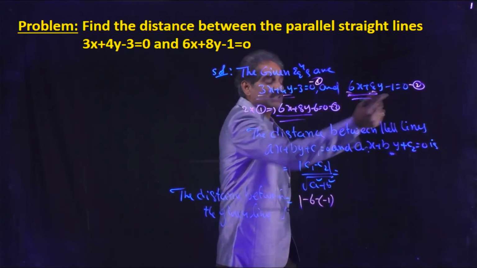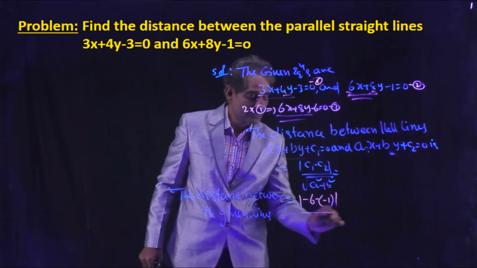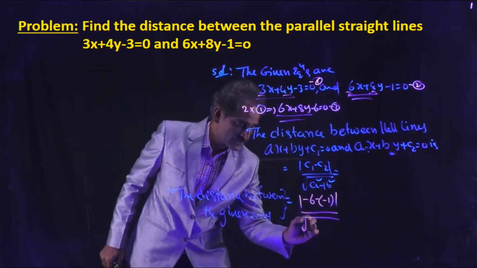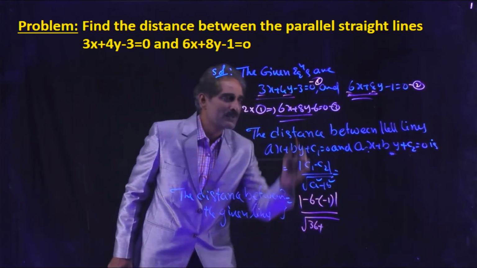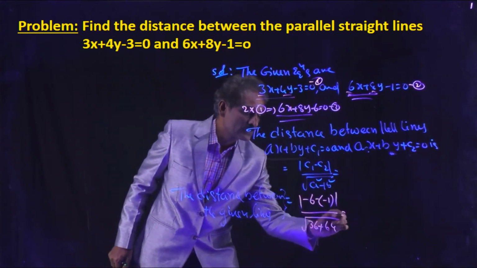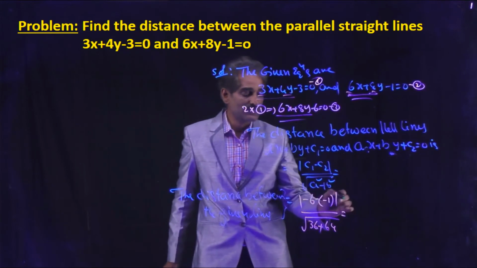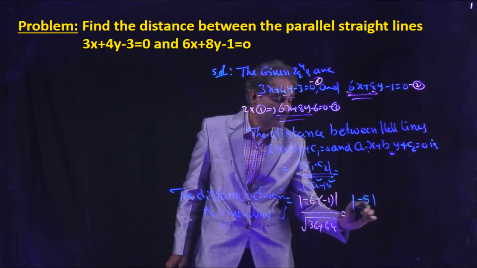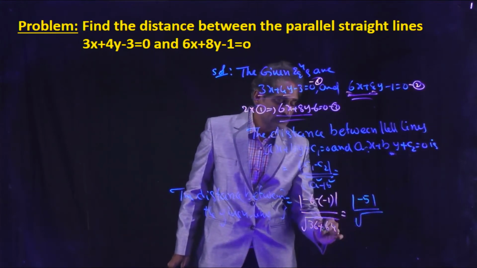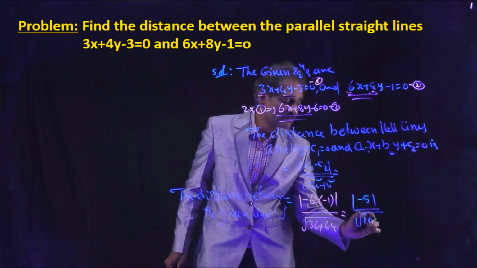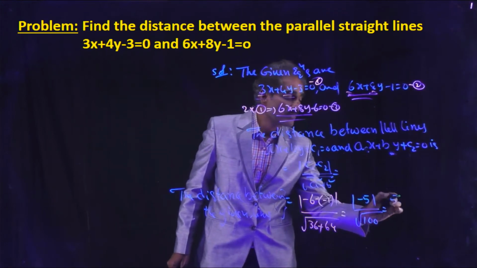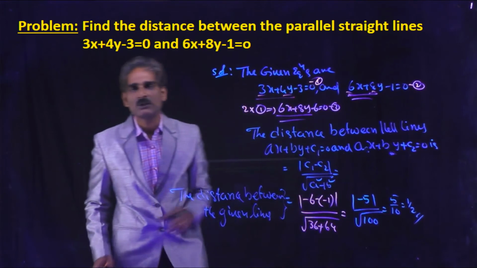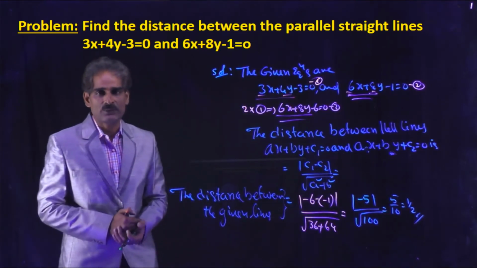Modulus of c1 minus c2, whole divided by root of a square plus b square: 6 square is 36 plus 8 square is 64. This is equal to minus 6 plus 1, minus 5, whole divided by root of 36 plus 64, that is 100. This is equal to 5 by 10, that is equal to 1 by 2. The distance between the two parallels is equal to 1 by 2.